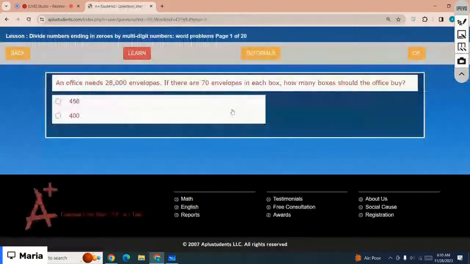An office needs 28,000 envelopes. If there are 70 envelopes in each box, how many boxes should the office buy?